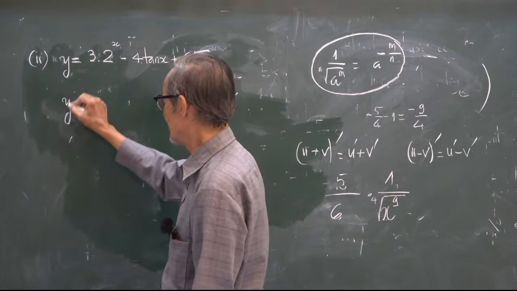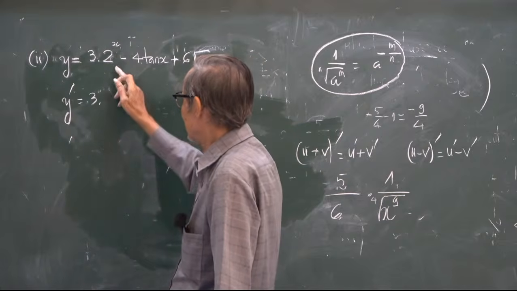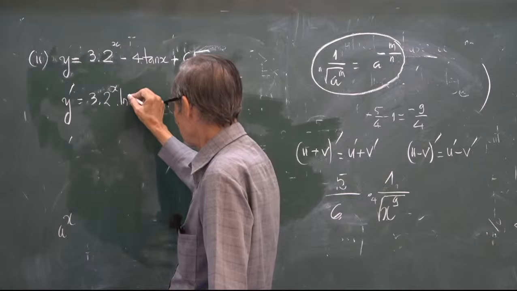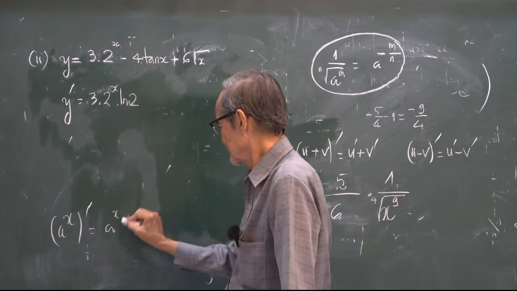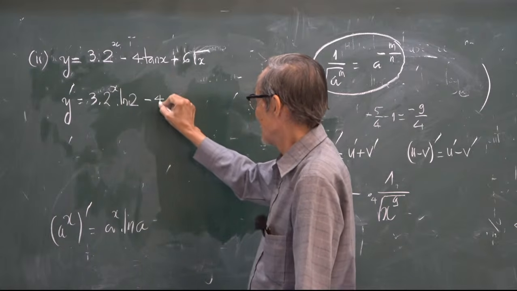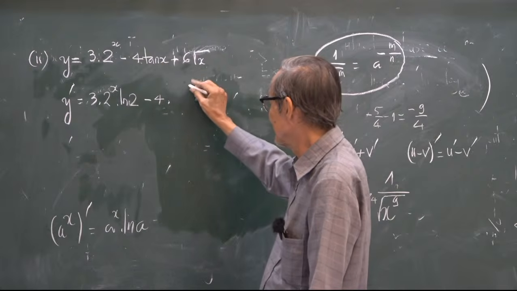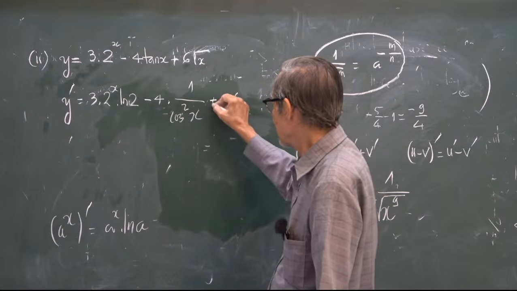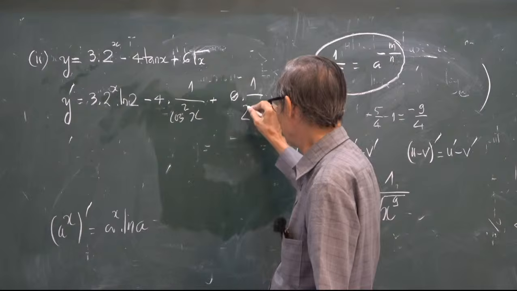So y prime: 3 times a power x natural log of 2, the natural log of the base, minus 4 times the derivative of the tangent function, 1 over cos square, and plus 6 times the derivative of the square root, 1 over 2 square root of x.